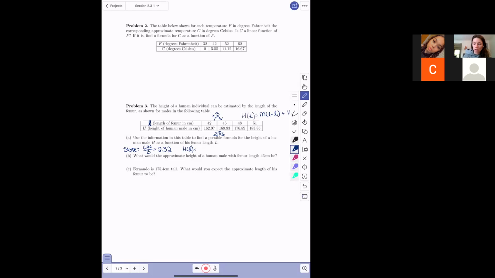So I'm going to use that form. My slope we just found out was 2.32 times L minus L1. I'm going to pick any point, so we'll pick this one, minus 48 plus 176.89. And that's your solution. Any questions there?